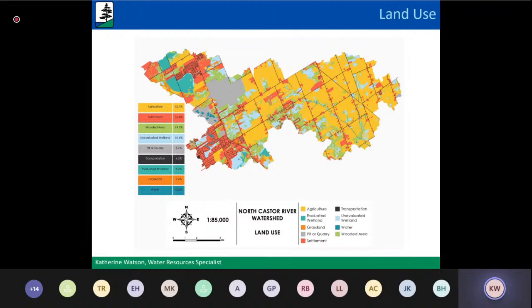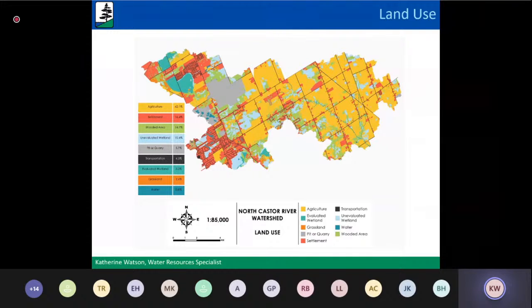And then another unique feature of this catchment is there are some bedrock areas that have lent themselves well to pits and quarries. So there is some of that land use happening in this catchment.